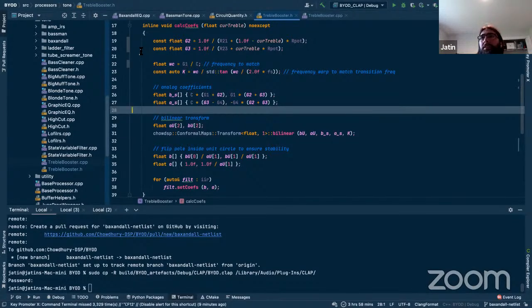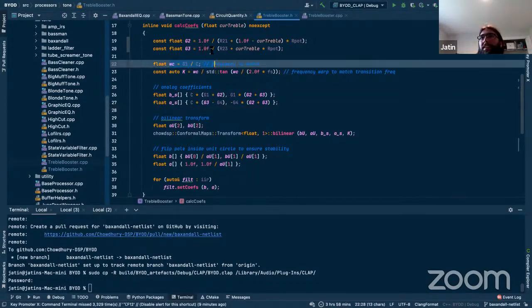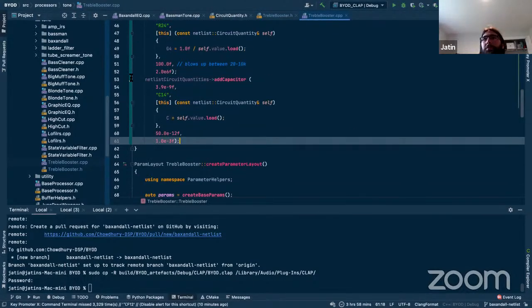Actually, you know what I bet we could do? I bet we could just tame this cutoff frequency, just clamp the cutoff frequency, and then I bet we wouldn't need the limit on the capacitor here. I don't know, maybe it's not worth it.